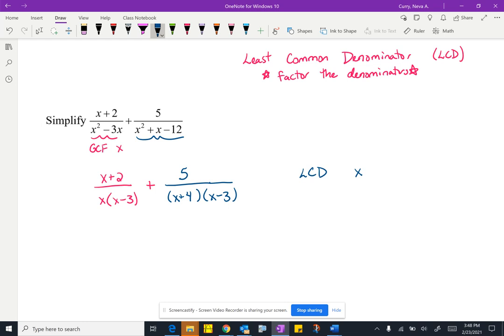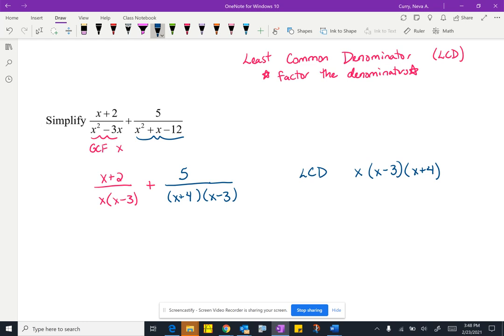Then I noticed that both actually have the factor of x minus 3. The first fraction doesn't have any other factors in its denominator. The second fraction, though, also has an x plus 4. So this is going to be the LCD, x times (x minus 3) times (x plus 4).